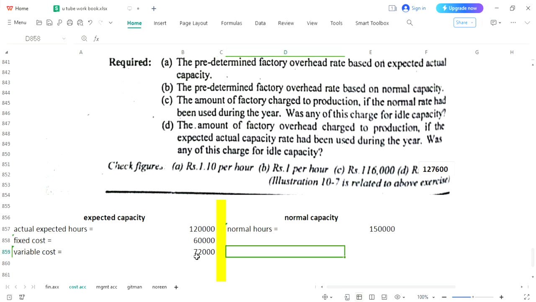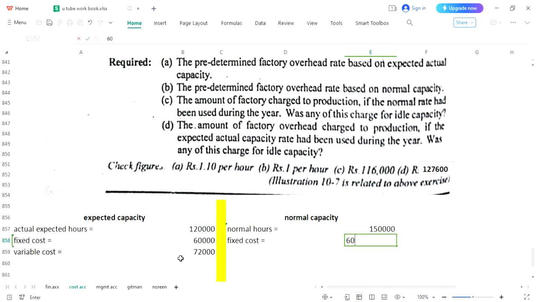Variable cost is not mentioned for normal capacity either, but we do know the fixed cost will remain the same for expected or normal. Why? If you are working for 120,000 hours or 150,000 hours, your fixed cost would remain the same. So we can write our fixed cost similar to expected capacity, which was 60,000.